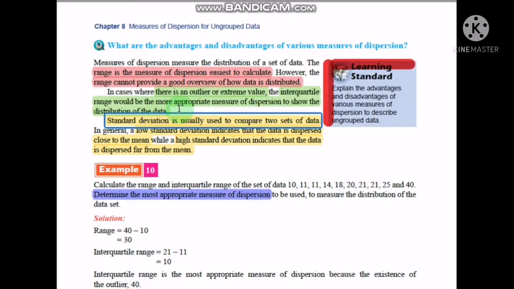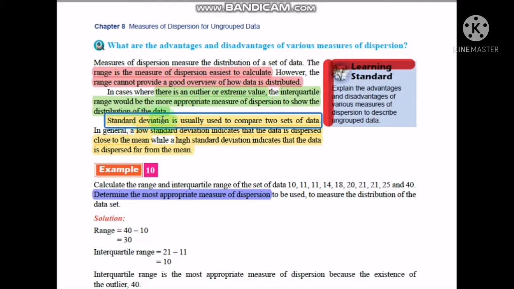So it means that if among the ungrouped data there is an outlier or extreme value, then the interquartile range is the most appropriate way to measure the dispersion of the distribution of data.